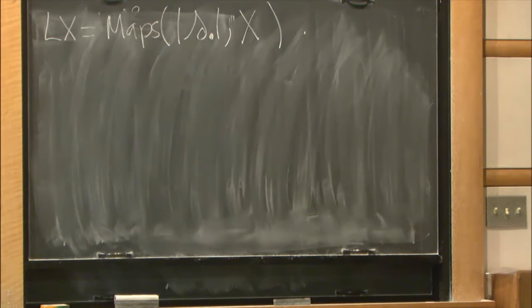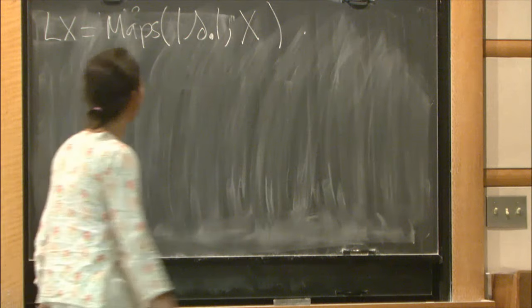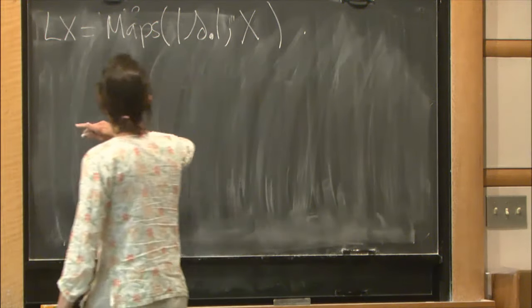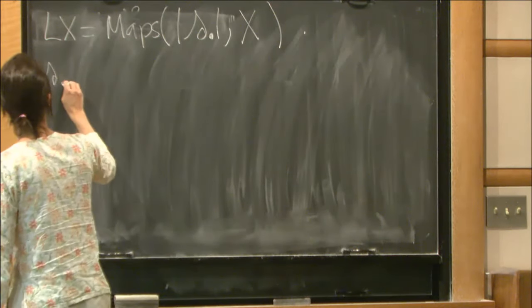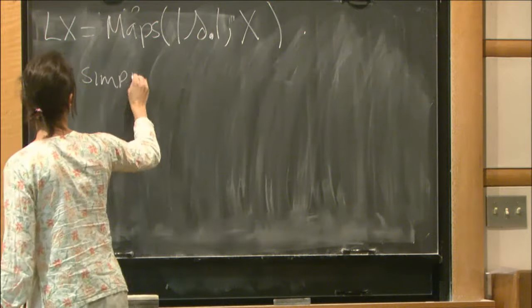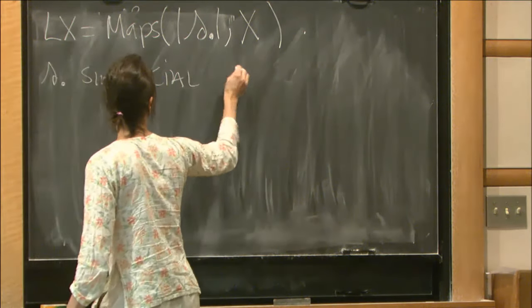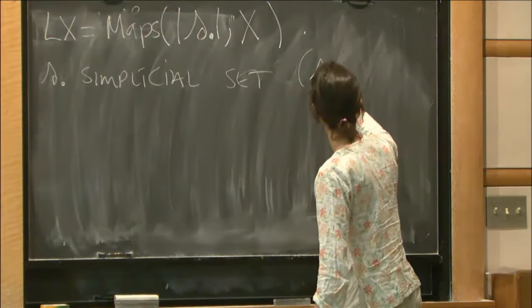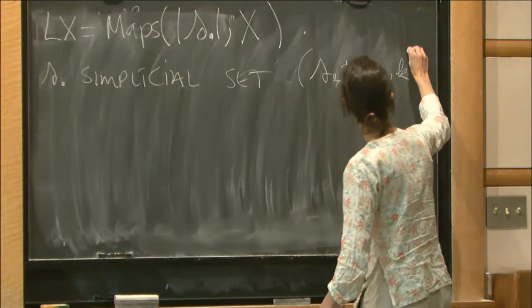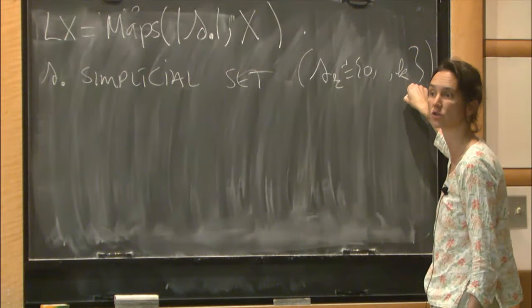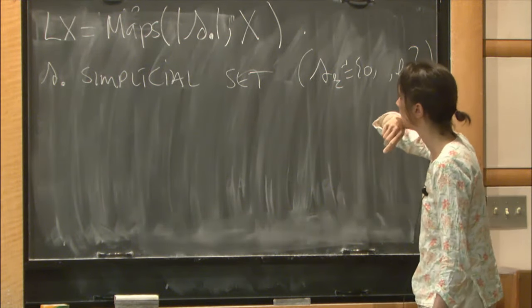It's easiest to tell you the truth. So what is really happening is the following. S dot is a simplicial set, right? And remember, Sk was just, up to isomorphism, 0 up to k, a set of k+1 elements.